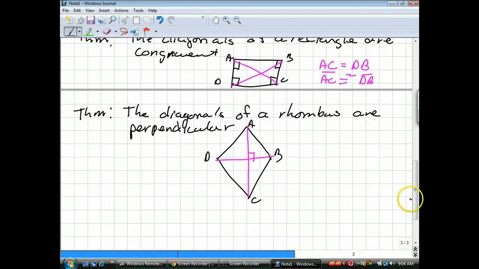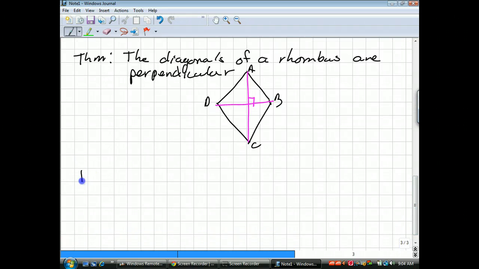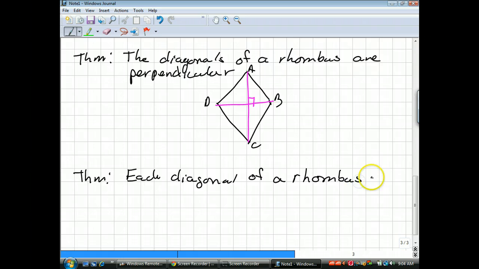And then the next theorem also has to do with a rhombus. And it says each diagonal of a rhombus bisects two angles of the rhombus.